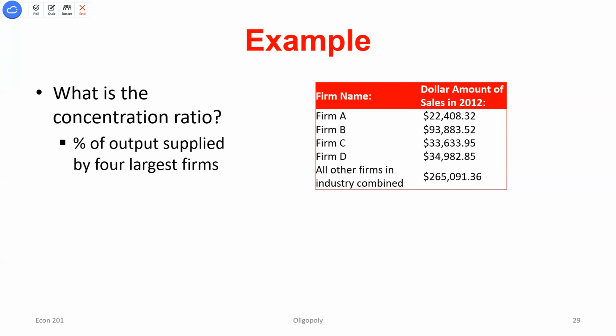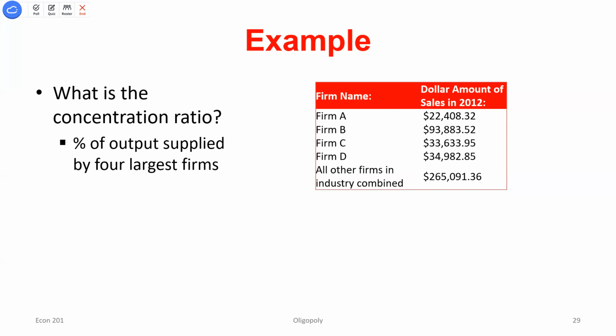So 0.049 is what you would see in the calculator. So when you're calculating the market share, when you're taking the total amount from that firm divided by the total amount of the industry, it's going to show you the fraction or the proportion of sales coming from that firm.